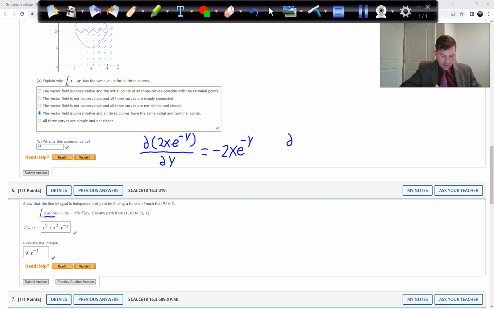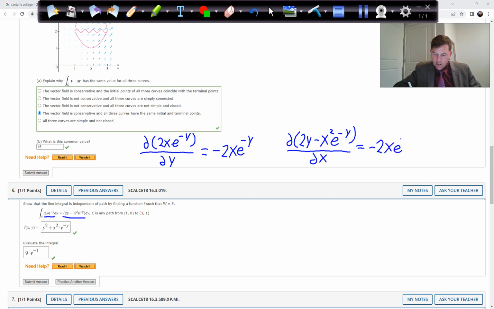And then we look at the y component, which is the partial derivative of 2y minus x squared e to the minus y, and this time is with respect to x. And if we do this, the 2y in front goes completely away. This x squared would become minus 2x, and then e to the minus y would stay the same.